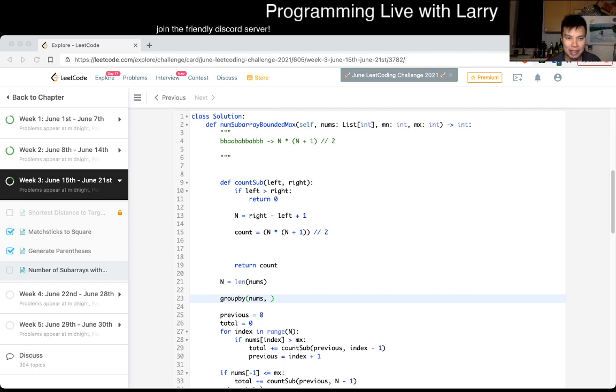I'm just reading up the API real quick. Okay, iterable and then key. Oh yeah, okay. I was just making sure of the parameter name. So basically for an x we just group by whether it is bigger than the max.